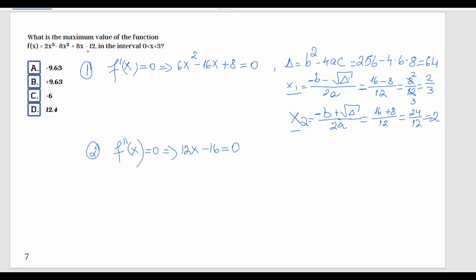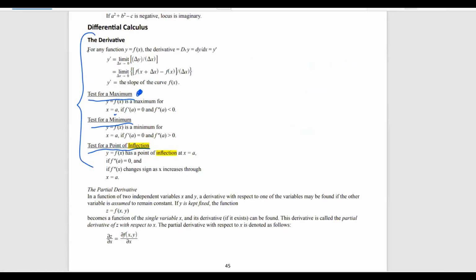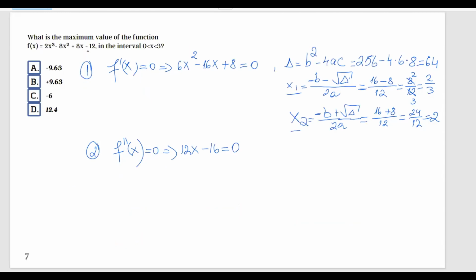And now we have to input, based on the FE handbook, the solutions of the first derivative into the second derivative. The solution that gives you a negative value is going to be a maximum.